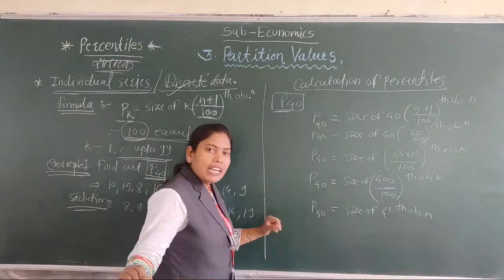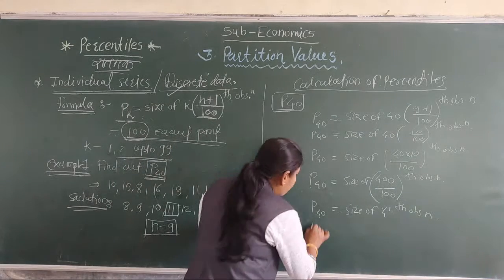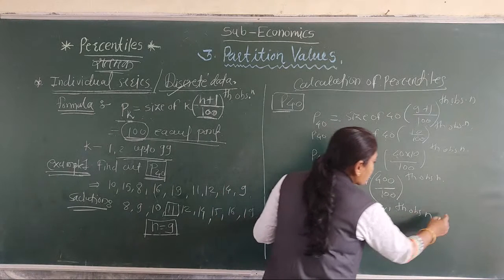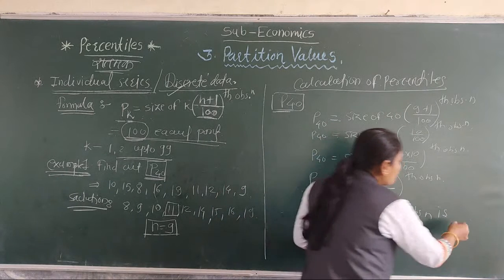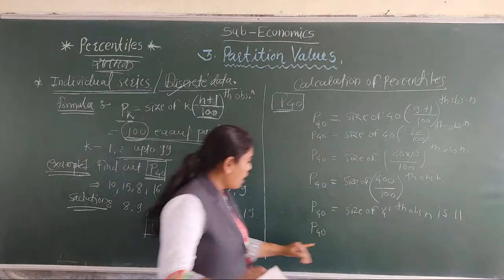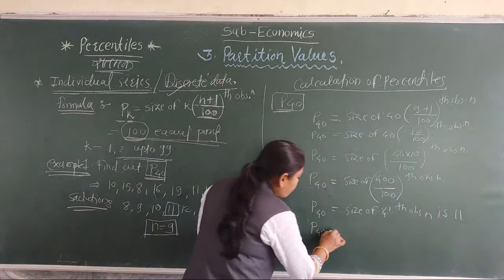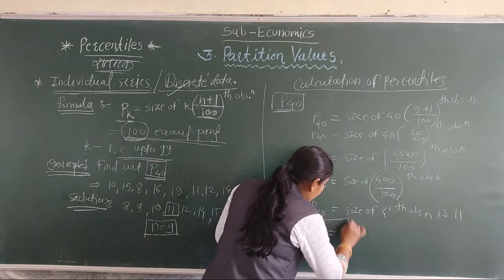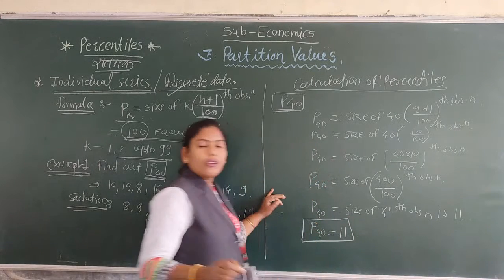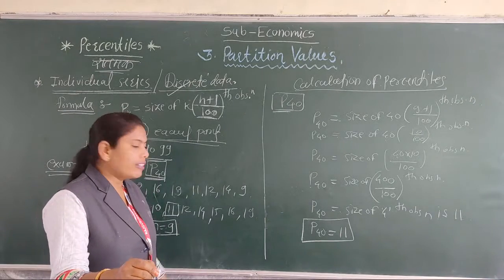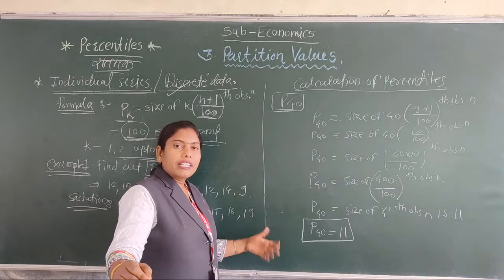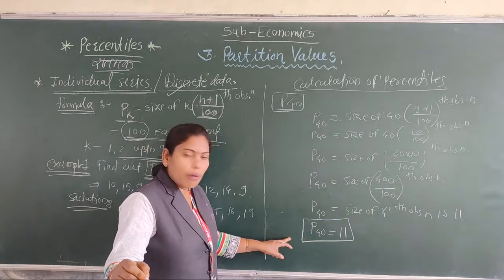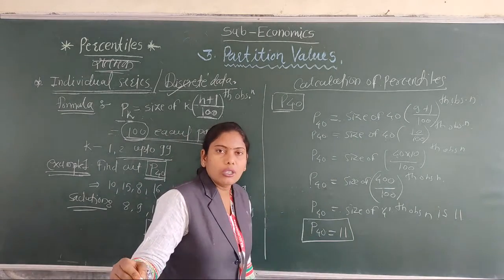We get the final answer: P40 is equal to 11.